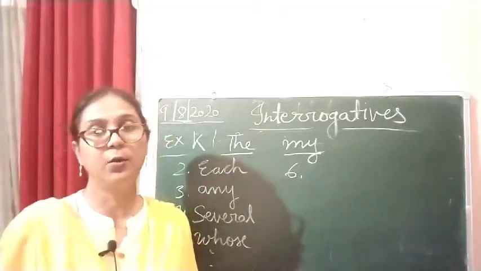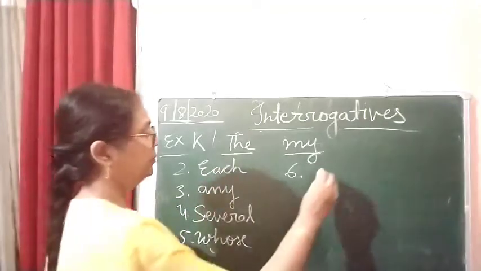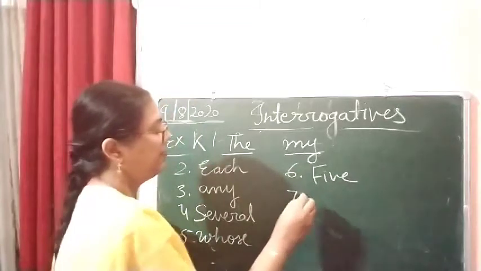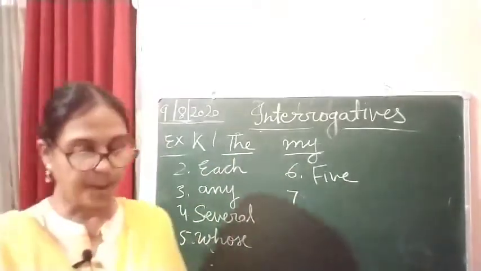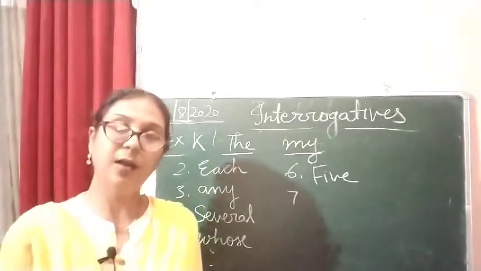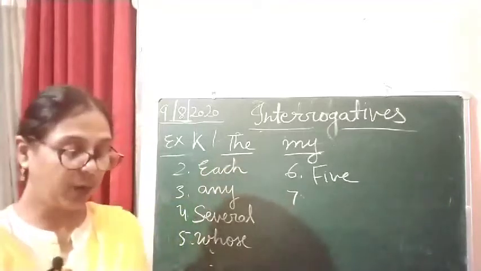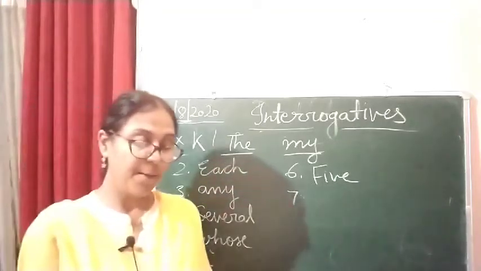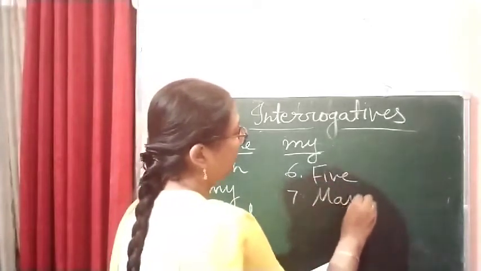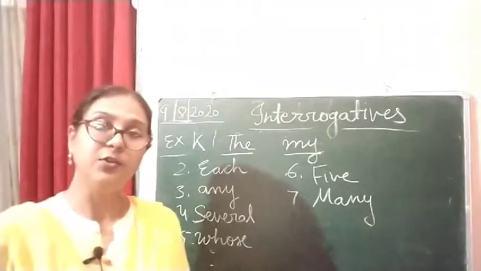So here we are going to choose the determiner 5. In 7th: much or many invitees are attending the function. Here we are going to choose many invitees. Many invitees are attending the function.